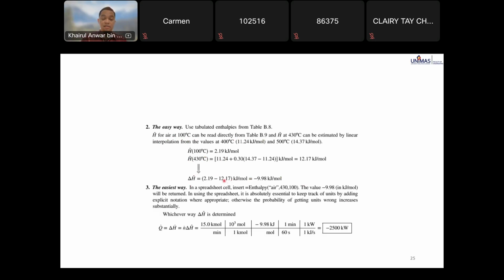Then just add. So 2.19 minus, because it's a delta H. Okay. You get negative 9.98 kilojoule per mole.